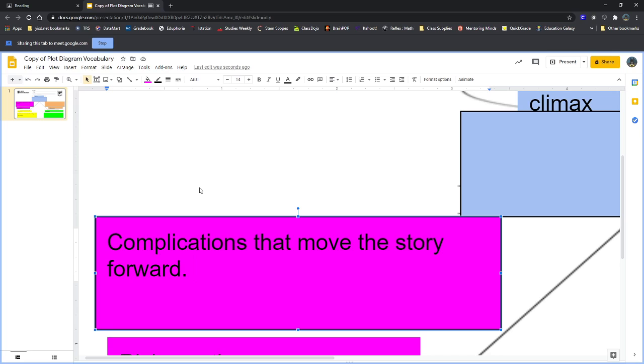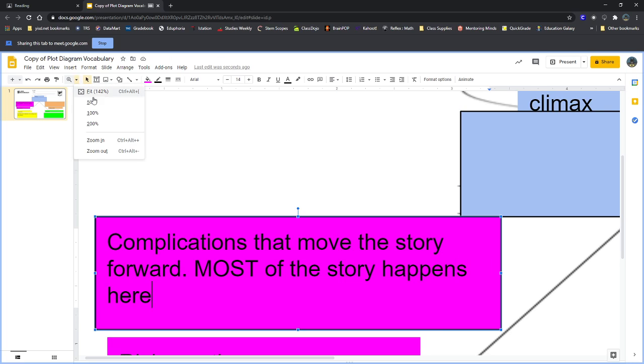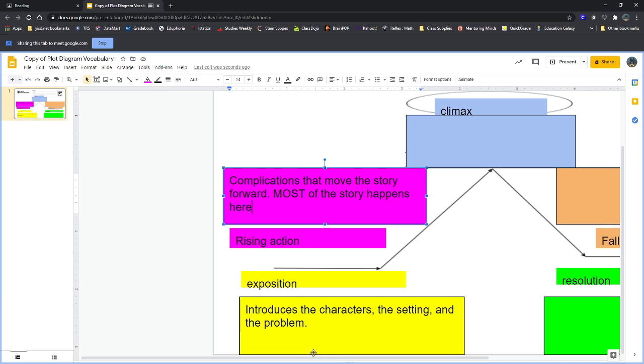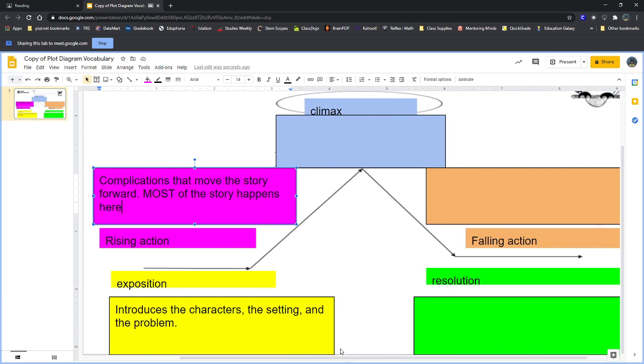Okay? Don't forget, I'm going to put this in all capital letters. Most of the story happens here. Most of your story is the rising action.